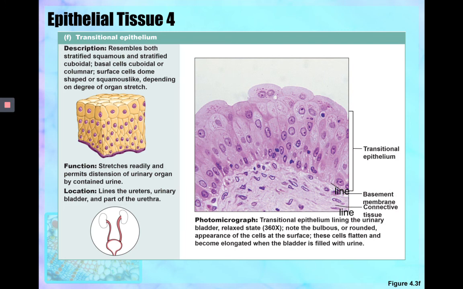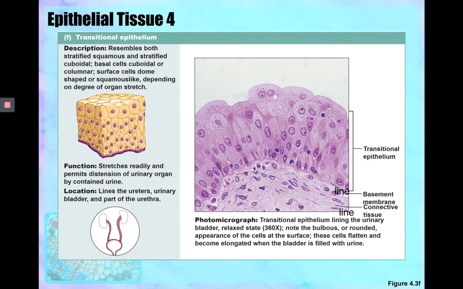So it can stretch, it can distend, and when transitional epithelium distends or stretches, these cells lose their dome shape and they flatten out. So they really get pulled taut, and it looks a lot like stratified squamous all the way through.